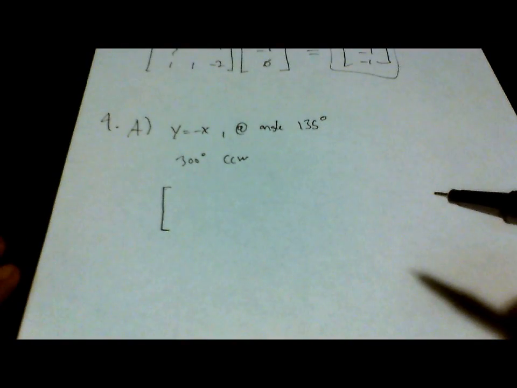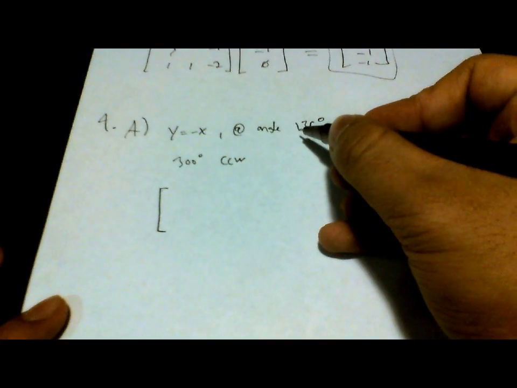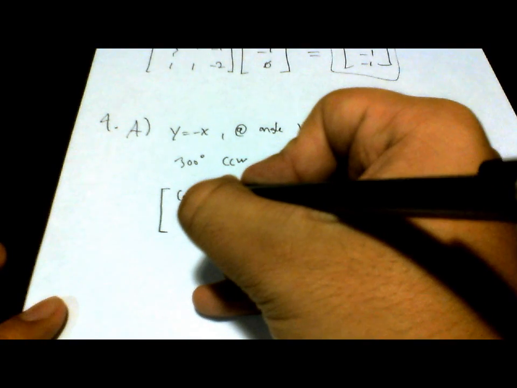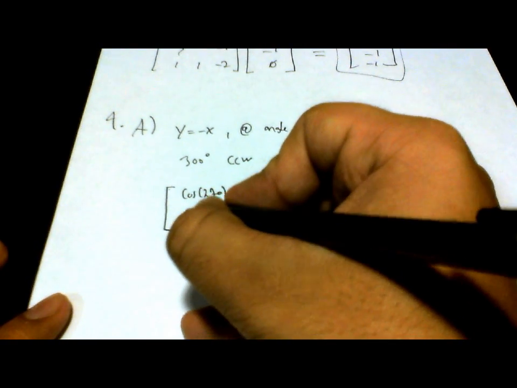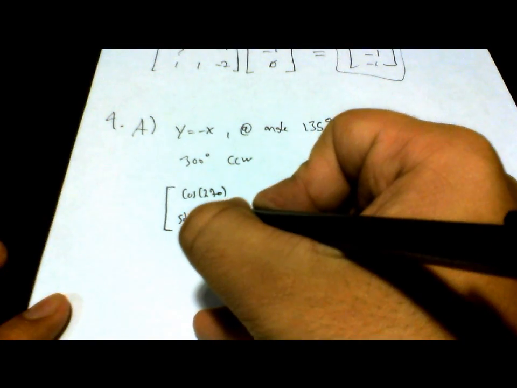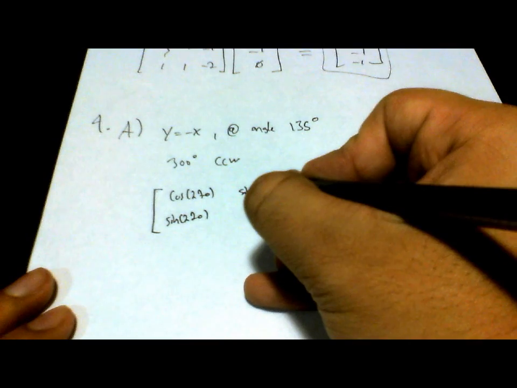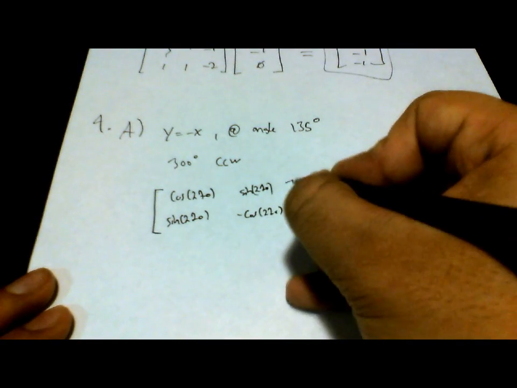The reflection matrix has 2 theta in every single thing, so we're going to take this value here and double it. So it's going to be cos 270, sine 270, sine 270, negative cos 270.